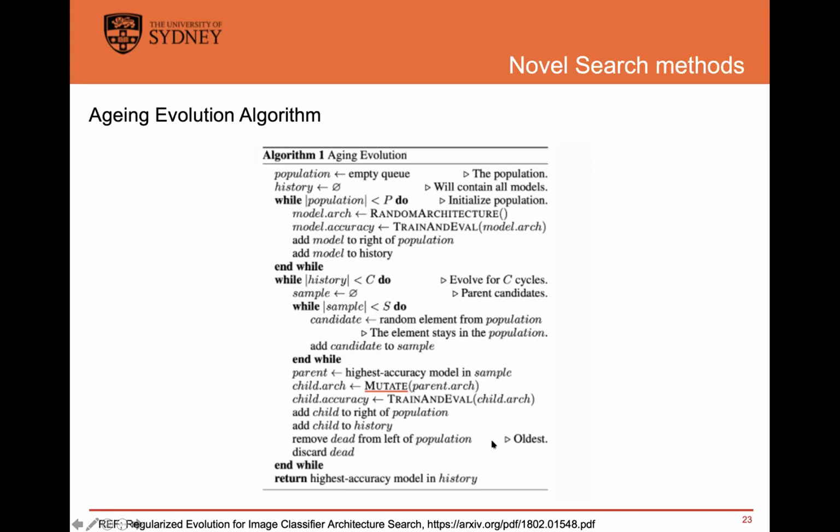Yeah. Right. So that's why they think, because in the genetic algorithm you don't have sampling. You just pick. In this algorithm, basically you have the sample, and then you have the parent as the highest accuracy model, because that's the highest accuracy model in the sample. But in the actual NEAT algorithm, you don't have the highest accuracy model. You're just randomly selecting parents and then mutating on top of that.